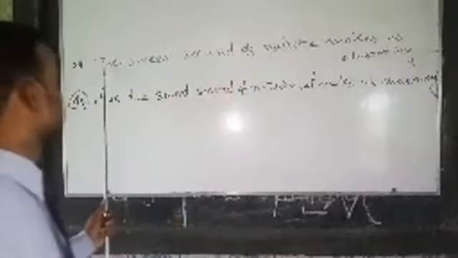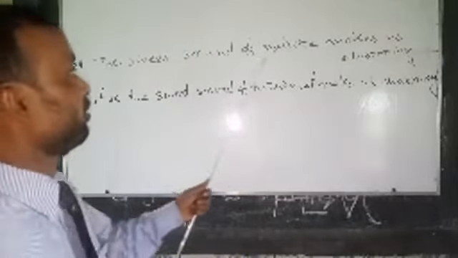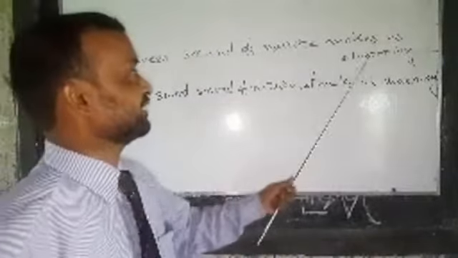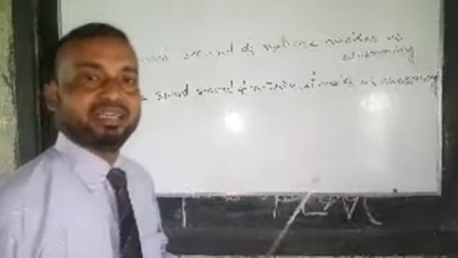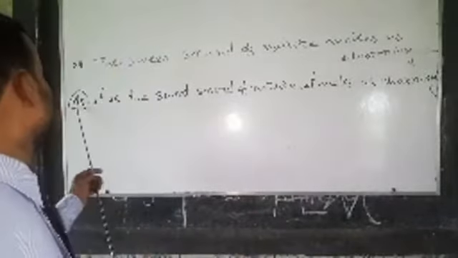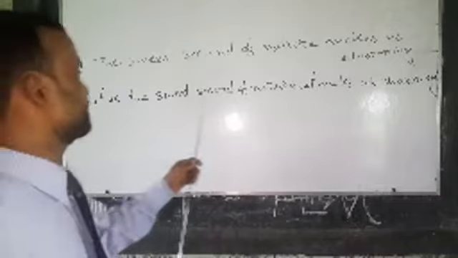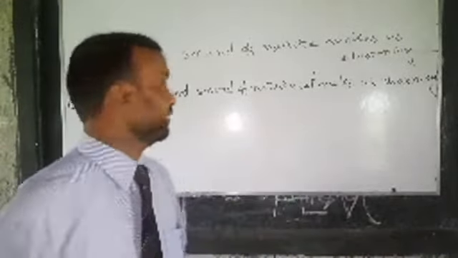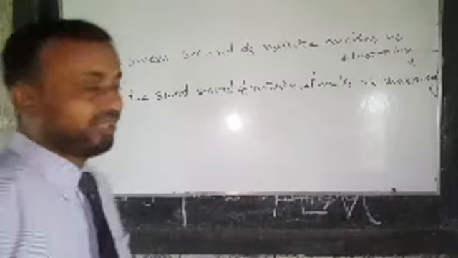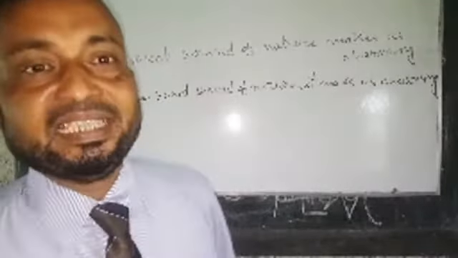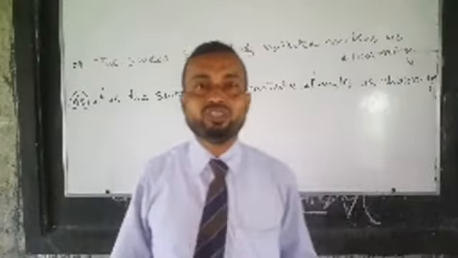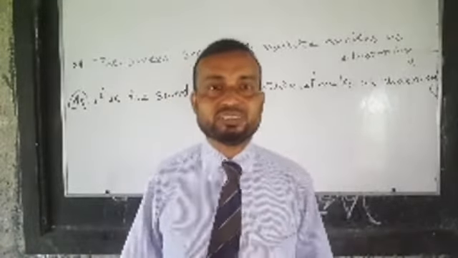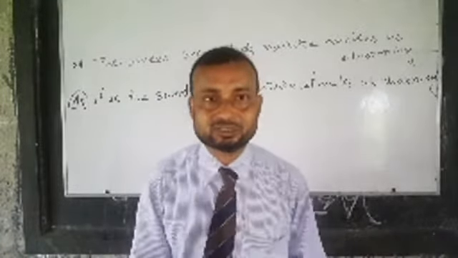One of them is, "The sweet sound of nature makes us charming," and another is, "As it is the sweet sound of nature, it makes us charming." My dear students, can you identify the difference between the two sentences?